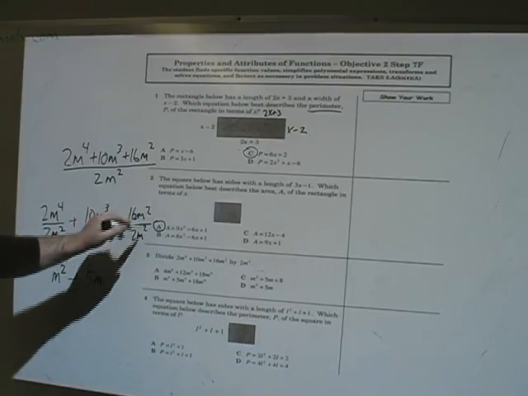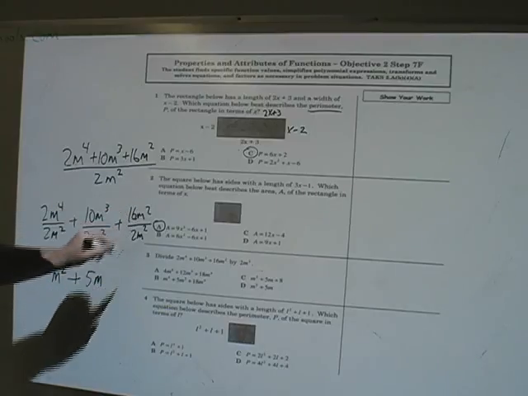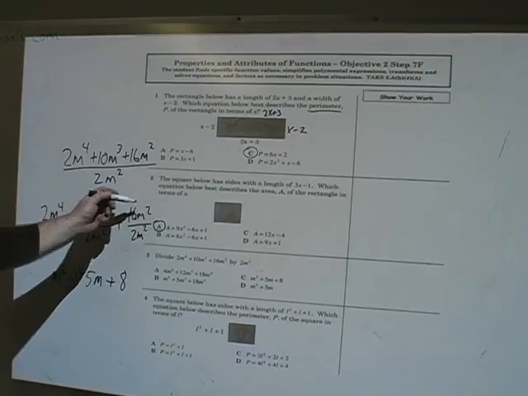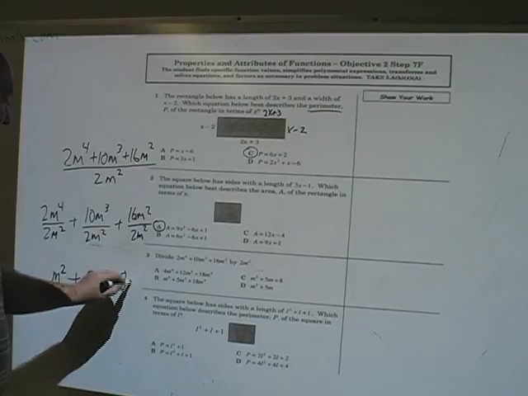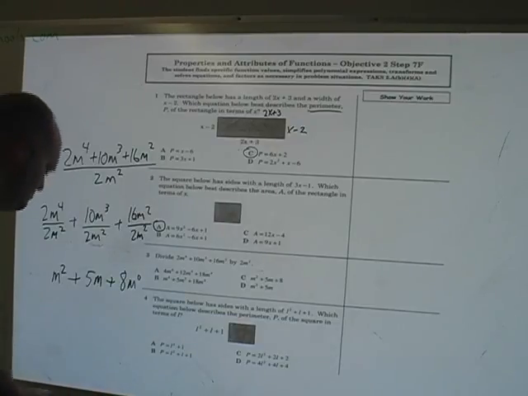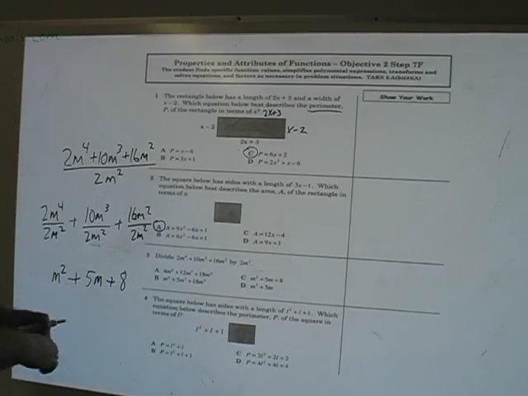16m squared divided by 2m squared. 16 divided by 2 is 8. And m squared divided by m squared, you could subtract those exponents and get m to the 0. But anything to the 0 power is just 1. So you don't really have to write it.